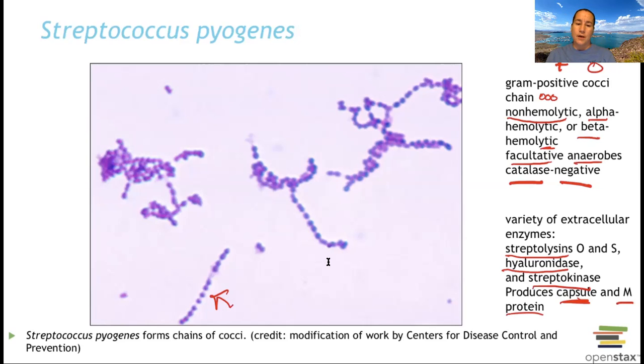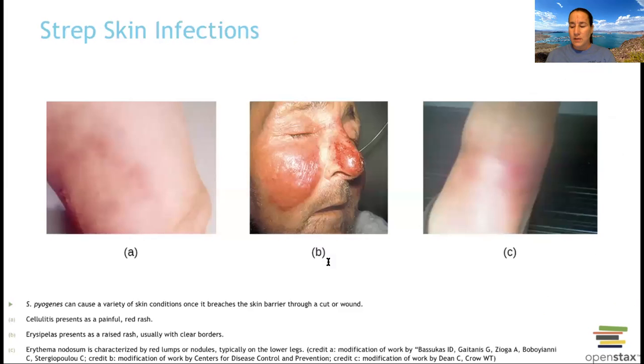And the most common group A strep, when we're talking about infections, is this guy. So what can it do to your skin? Well, it may cause cellulitis. And cellulitis is a red rash that is painful to the touch.